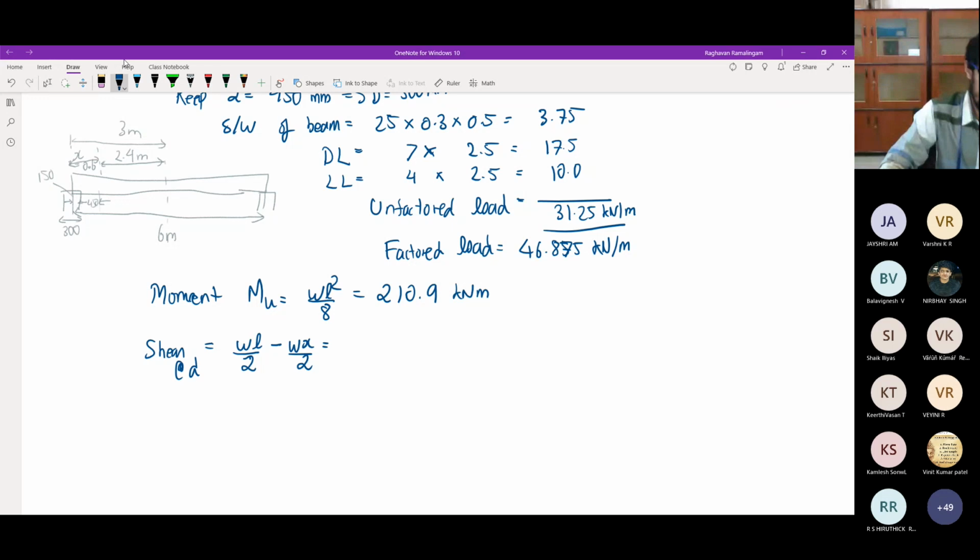Everything you know, W you know, L you know, x we just calculated to be 0.6, from the point where you take the effective span. From that point, it is at 600 mm. So just find this out. How much is the Vu that you get?